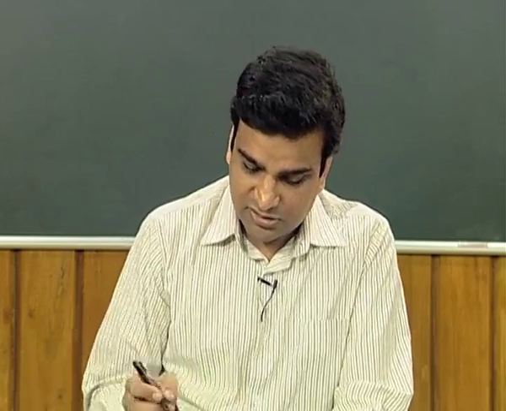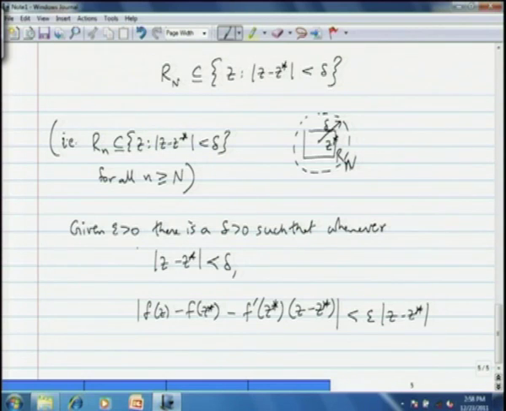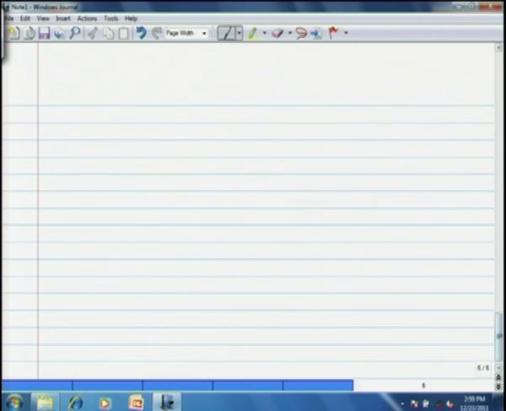So, given epsilon greater than 0, there is a delta greater than 0 such that whenever these z's are in a delta neighborhood of z star, this inequality holds. Okay. So, we will call this inequality 3, right.